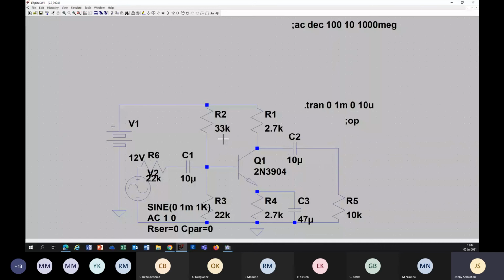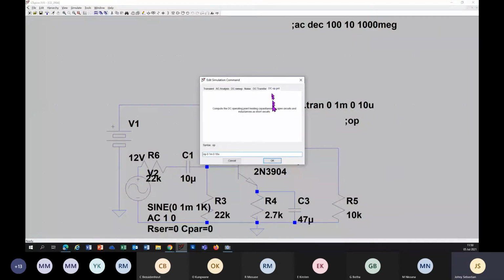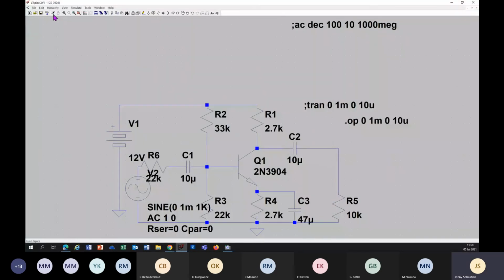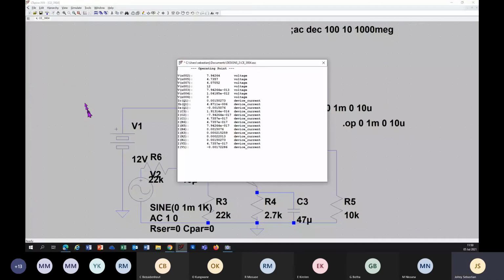We have done DC operating point simulation before, I believe. Go to simulate, edit simulation command, choose DC operating point. You get something like that. And it is coming here. Then you just press run. Here you will get all the voltages.